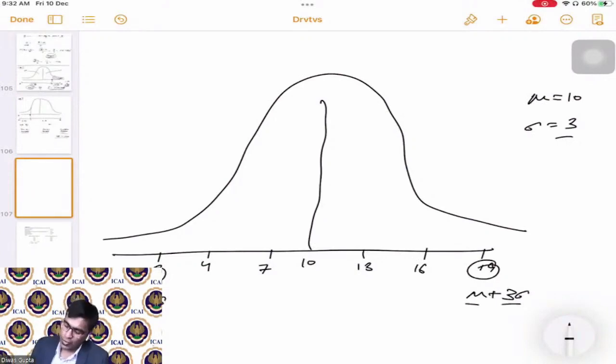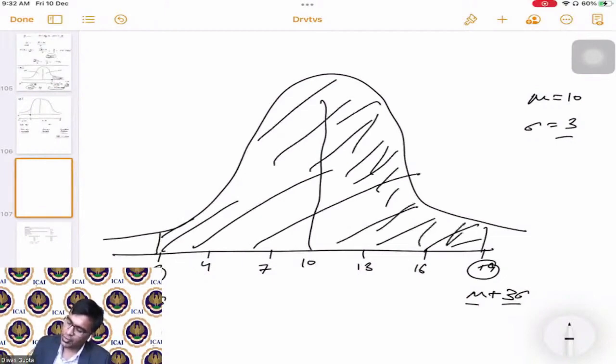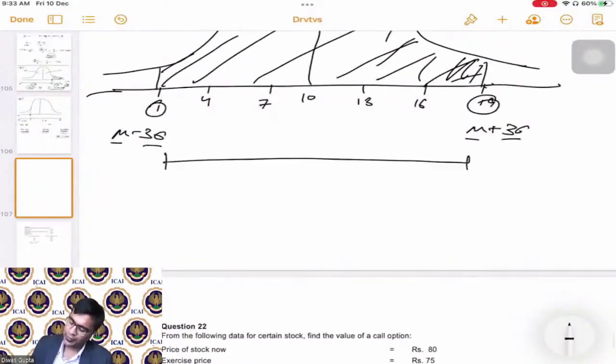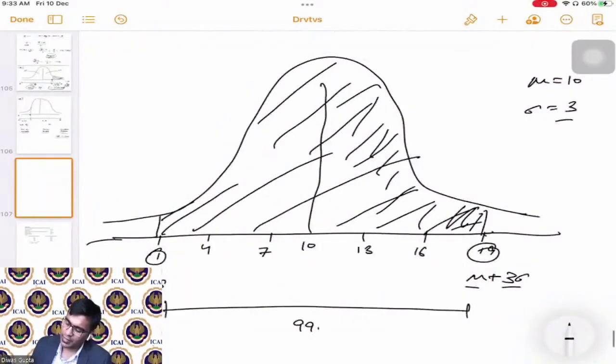Okay. So the area under the curve between these two, if we ignore this part, correct? So the area under the curve only between these two is 99 point, how much percentage? 7%.